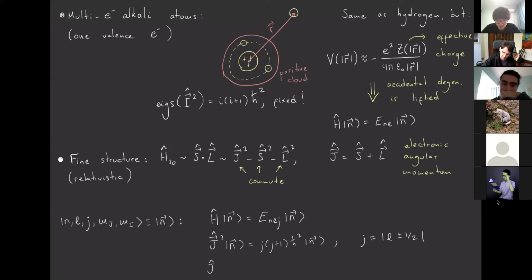On the other hand, we can choose the quantum number associated to the third component of the total electronic angular momentum as the last quantum number that we use. And this is just given by MJ h bar. And in particular, MJ will take values from minus J in steps of 1 until plus J. Okay?